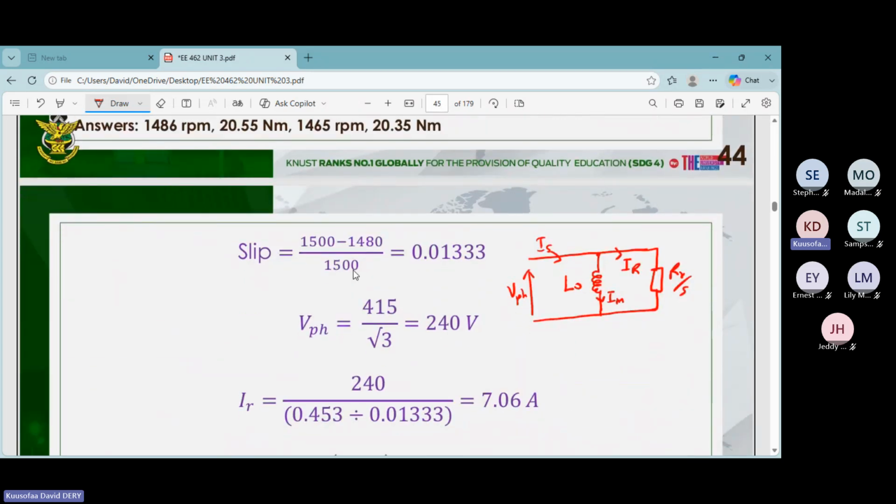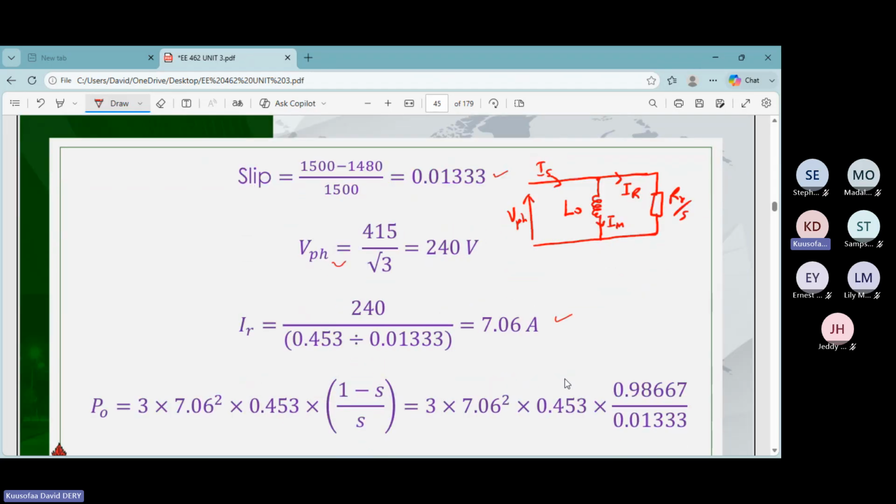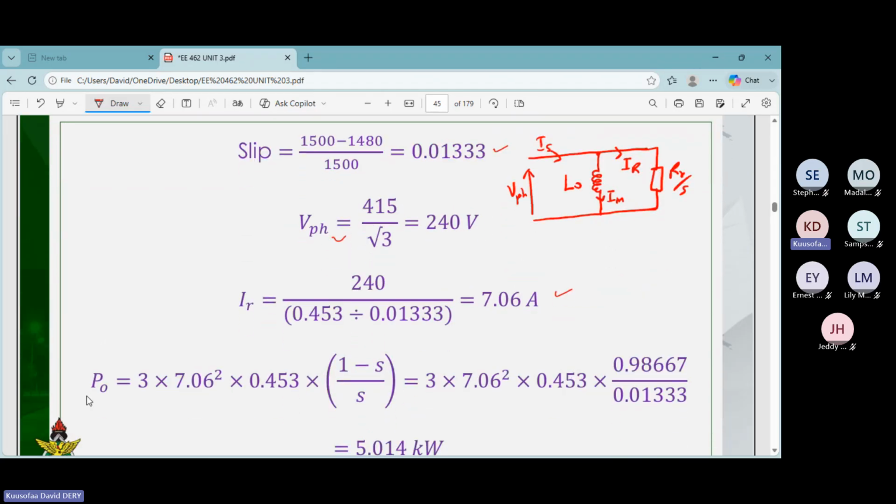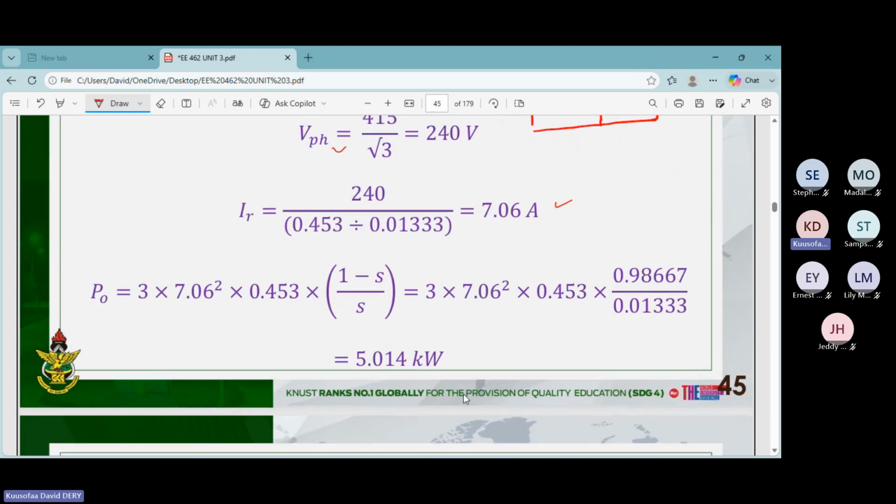So the first thing that is calculated is the slip. We understand how to calculate the slip. Then this is the phase value. We wrote the expression for the IR, you do the substitution, and then you obtain the current, right? And the P naught, which is the output, we wrote the expression, so you do the substitution to get the mechanical output power.